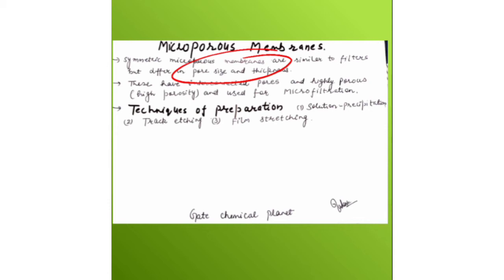These have interconnected pores. So microporous membranes have interconnected pores and are highly porous. So these are very highly porous membranes having high porosity and used for microfiltration.